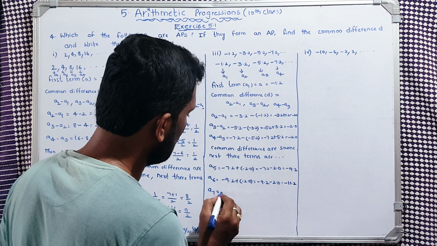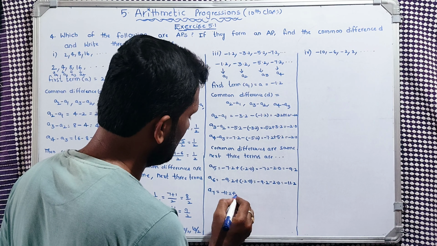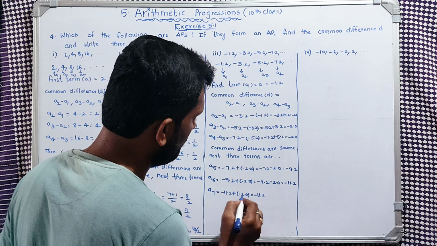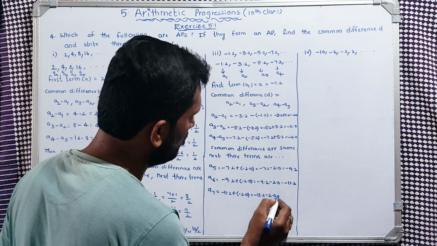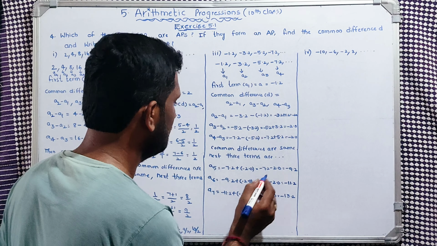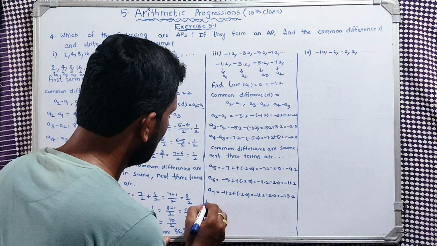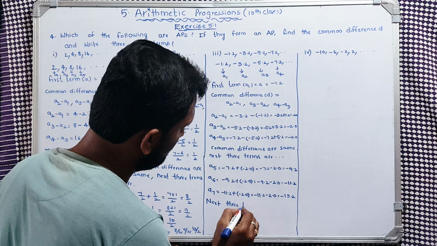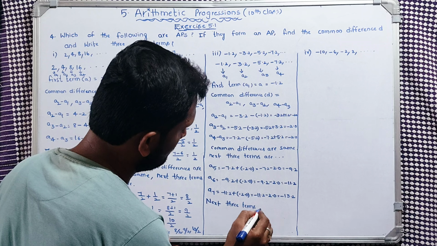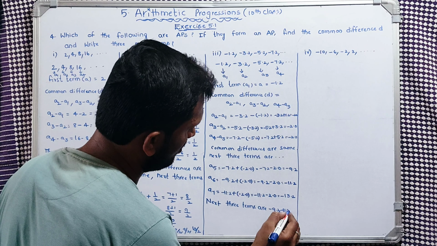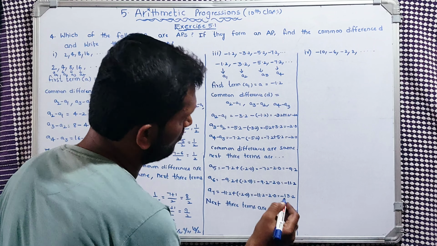Next, A7 equal to minus 11.2 plus minus 2.0 equal to minus 13.2. Next three terms are minus 9.2, minus 11.2, minus 13.2.